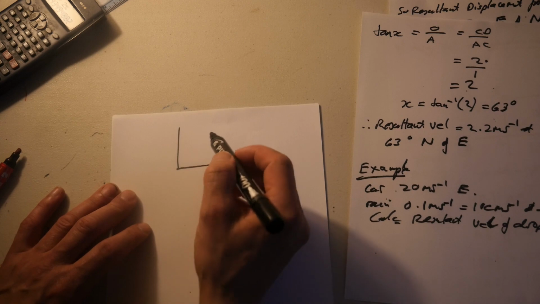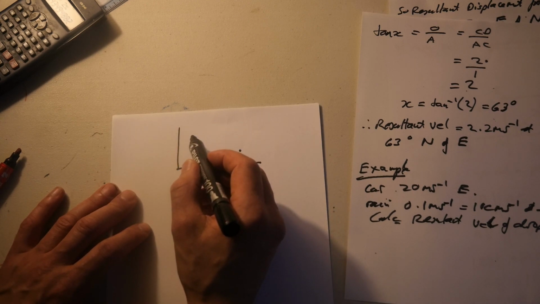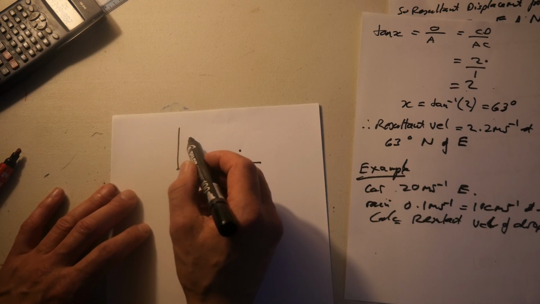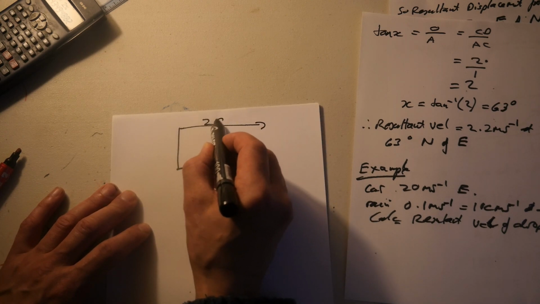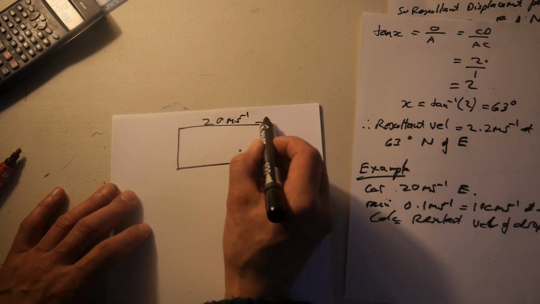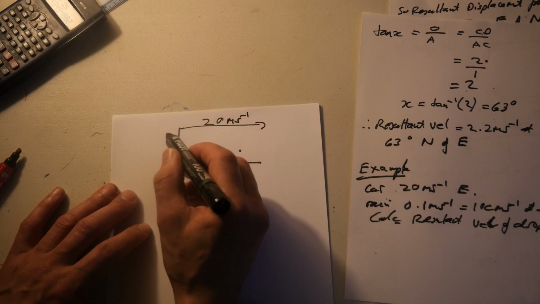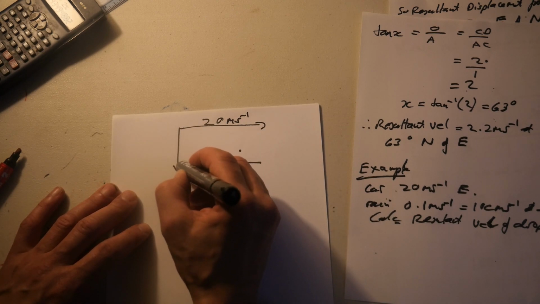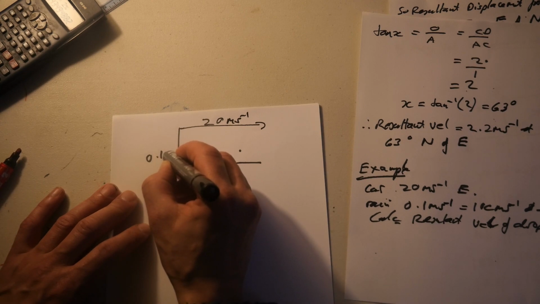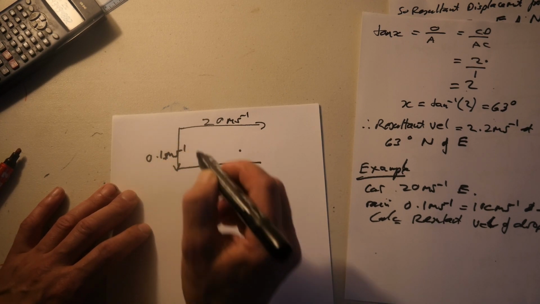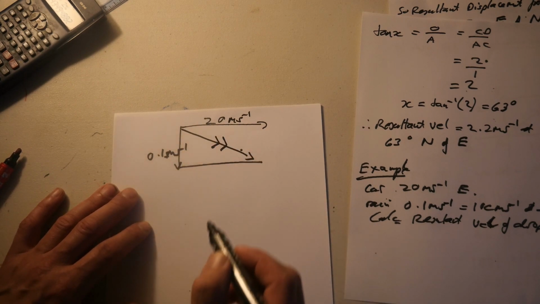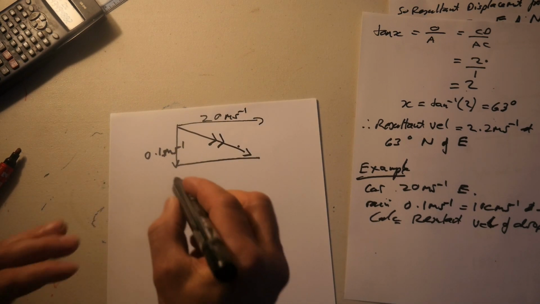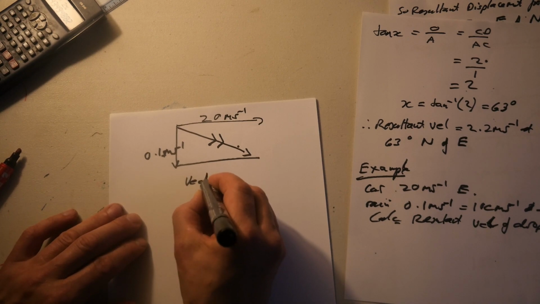So the solution is, you have 20 meters per second east, okay, and raindrops are going due south at 0.1 meters per second, okay. So this is a vector diagram.